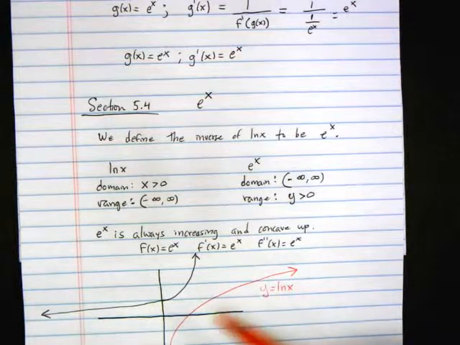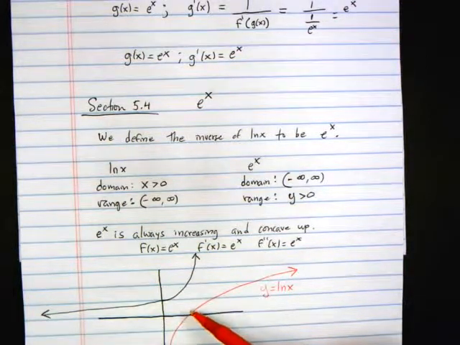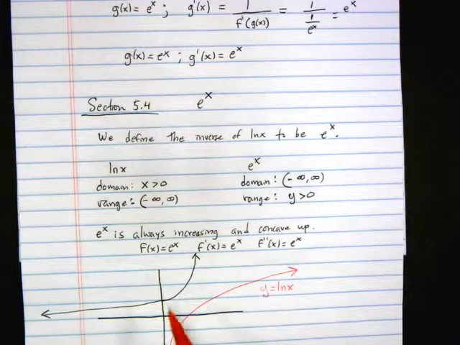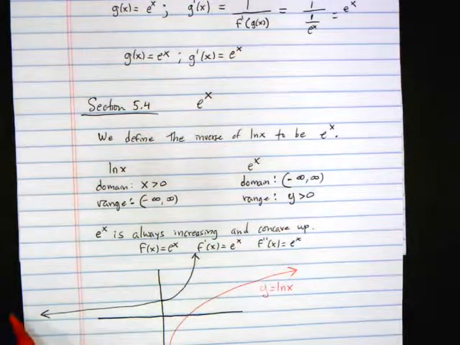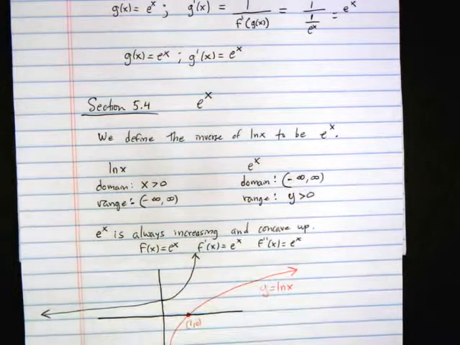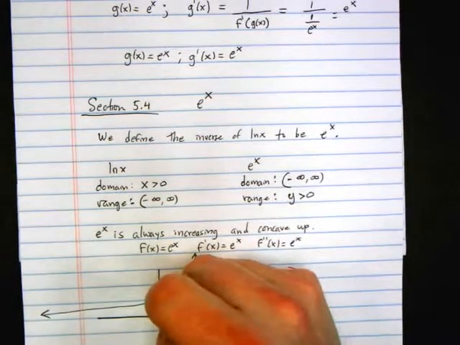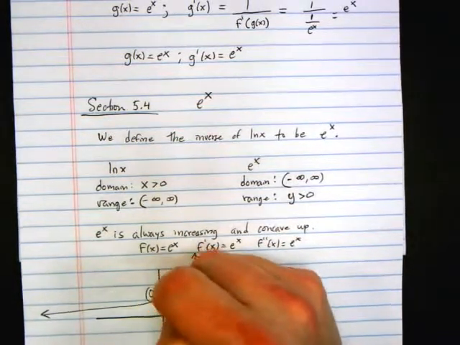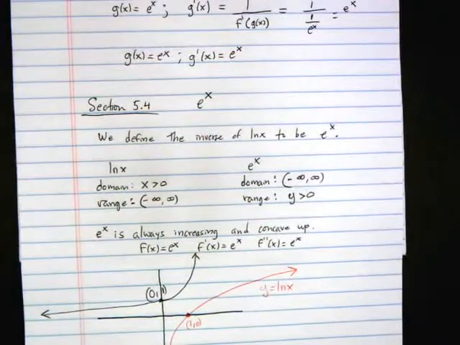So ln x had a vertical asymptote. So it would make sense that its inverse would have a horizontal asymptote because, again, inverses interchange x's and y's. ln x had the point 1, 0, and e to the x has the point 0, 1. Again, x's and y's are simply interchanged.